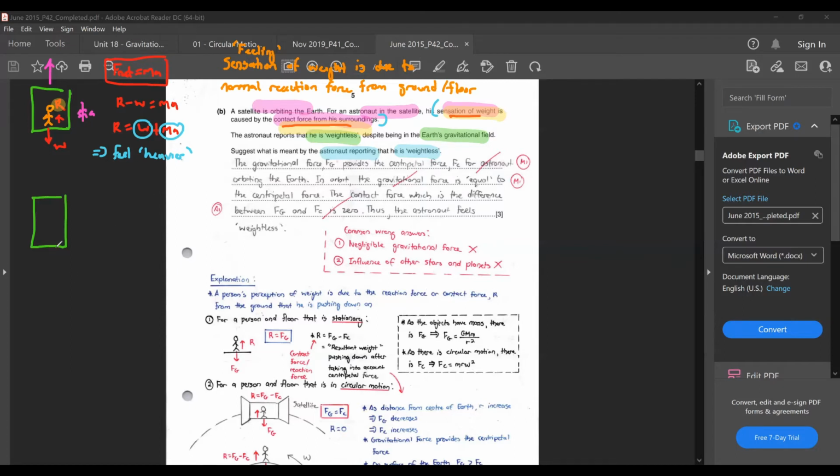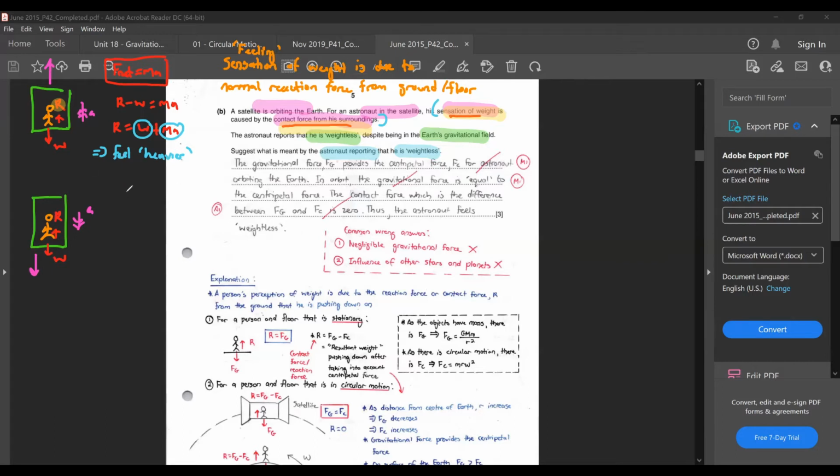you feel heavier. But what if the elevator moves down and then the acceleration is downwards? What happens to your reaction force? You still have your weight downwards and your reaction force upwards.